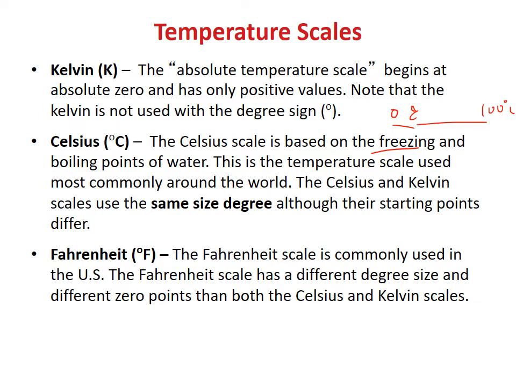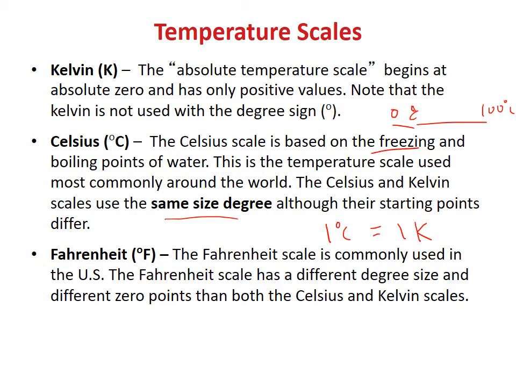Now, this is the temperature scale used most commonly around the world. Celsius and the Kelvin scale use the same size degree, although their starting points differ. That means a change of 1 Celsius equals a change of 1 Kelvin, but their starting points differ.